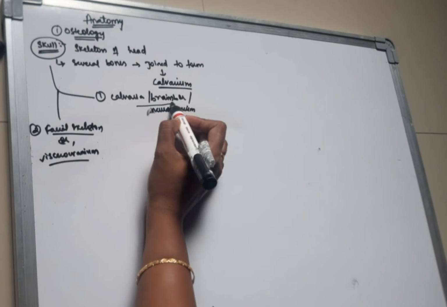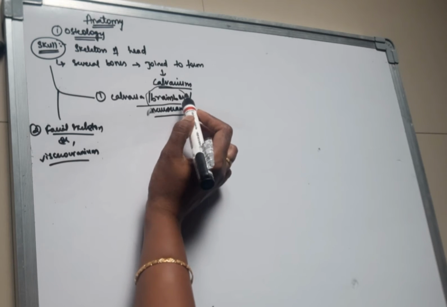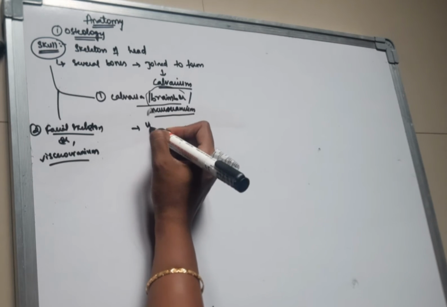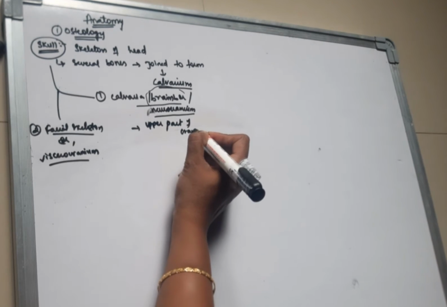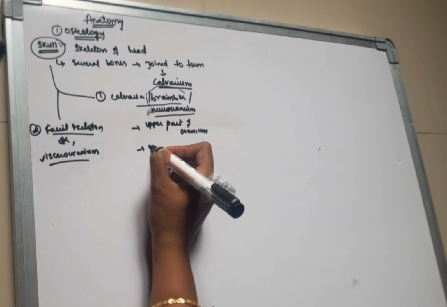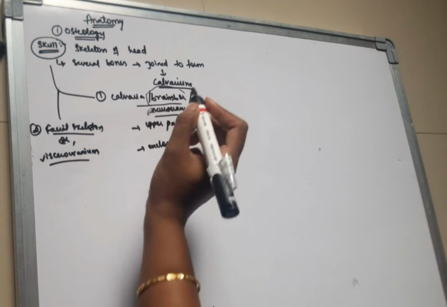This calvaria or brain box or neurocranium, brain box, that means it encloses the brain. This is the upper part of the cranium, and this encloses the brain. Hence it is known as brain box.